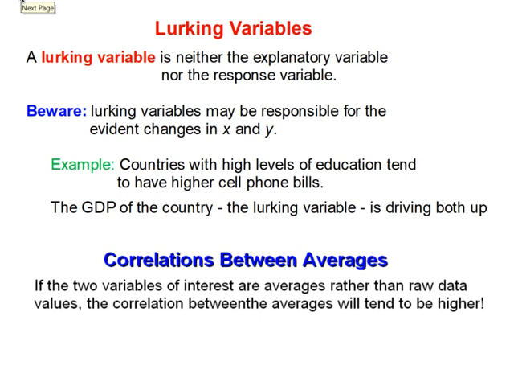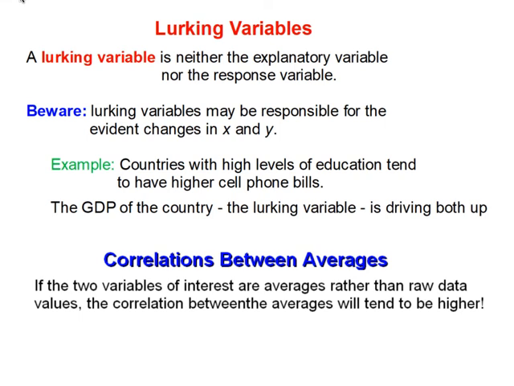Okay, we have a lurking variable that can affect some of this. A lurking variable is neither the explanatory variable nor the response variable. Beware, a lurking variable may be responsible for the evident change in x and y. There might be some other thing that's changing the data that made x and y have this linear relationship.